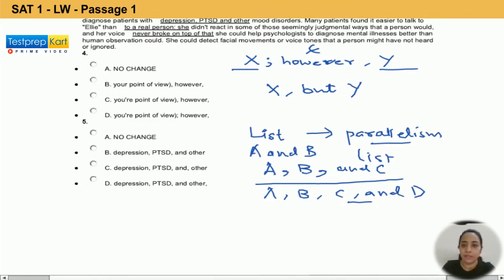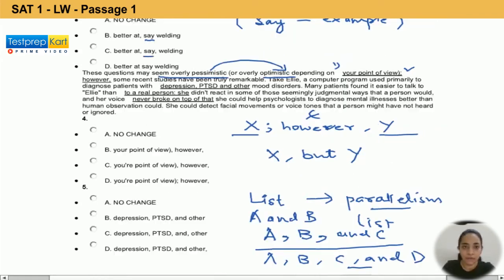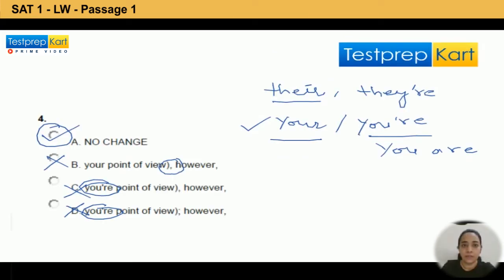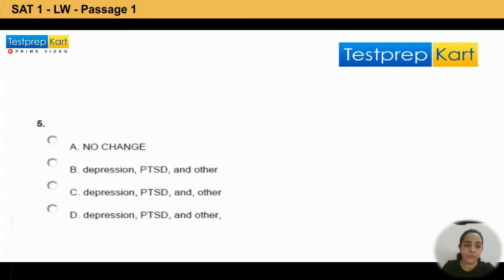So now let's look at the first list we have here. Patients with depression, PTSD, comma. We want a comma here, which is not given in the first part. So let's look at the question here. First part goes out. The comma before and is missing. Let's look at this part.